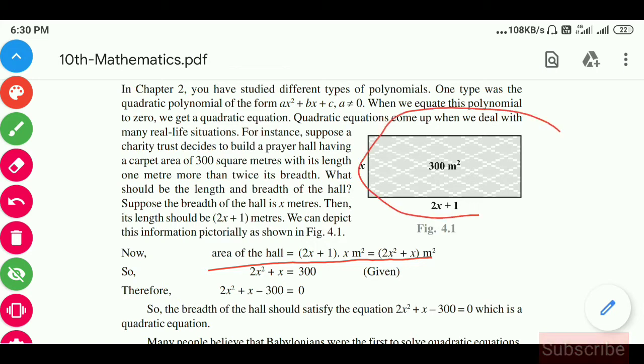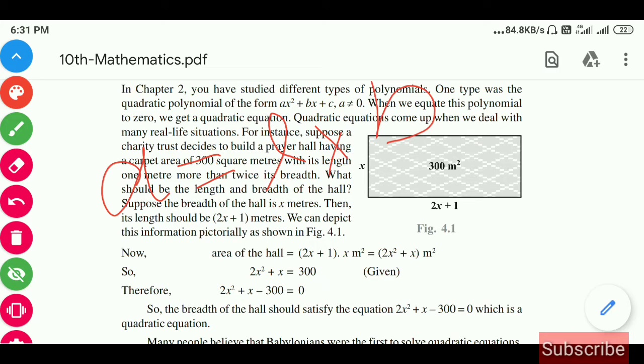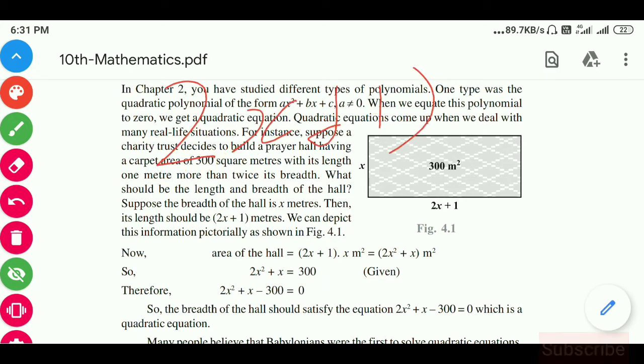Since you can see in the figure that the given carpet is rectangular, where the length is 2x plus 1 and the breadth is x, the area will be length into breadth, that is 2x plus 1 into x.